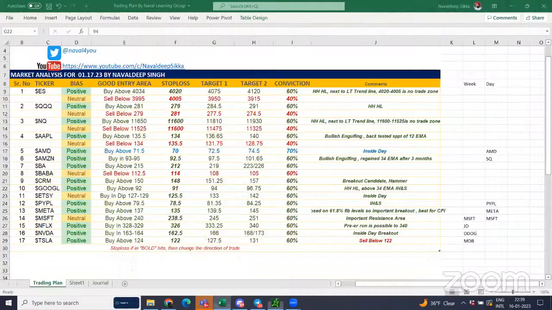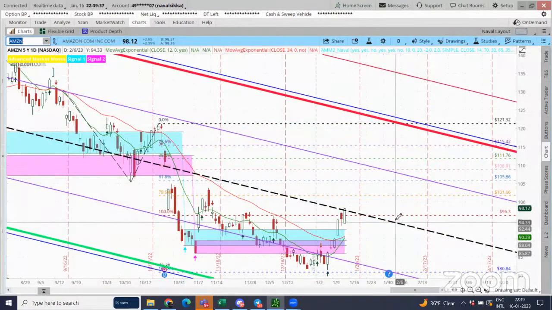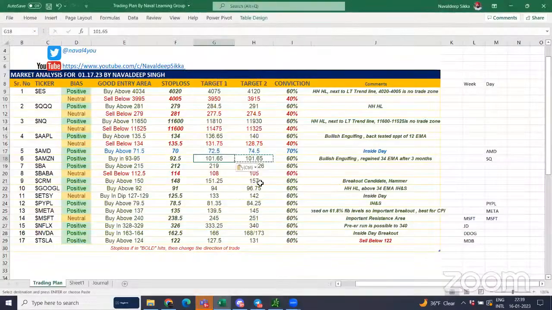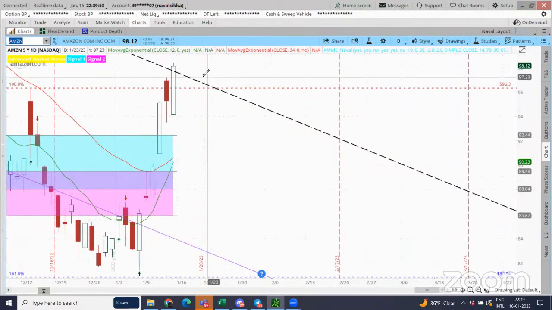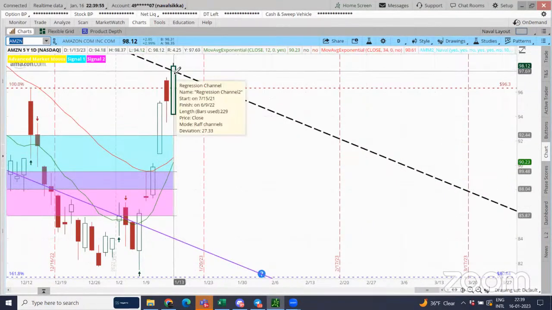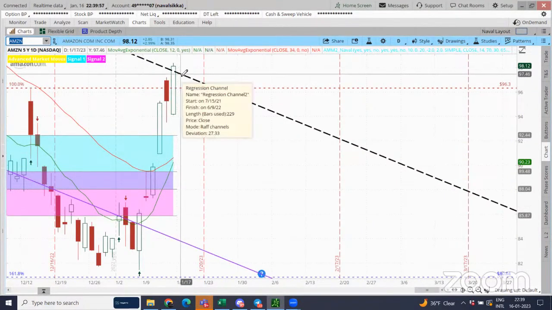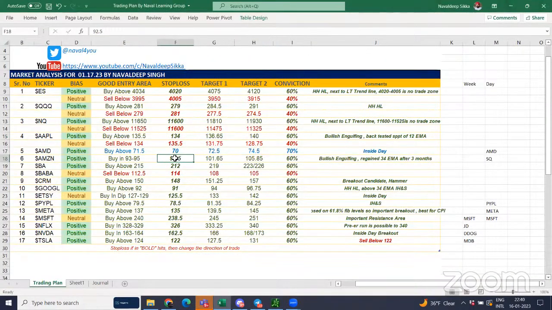So Amazon is looking towards 101. I'm going to bring this target here, and the next target is 105.85. Where should I buy? I really want to buy and keep this trend line as my stop loss. So 97.50 should be a good stop loss for tomorrow.